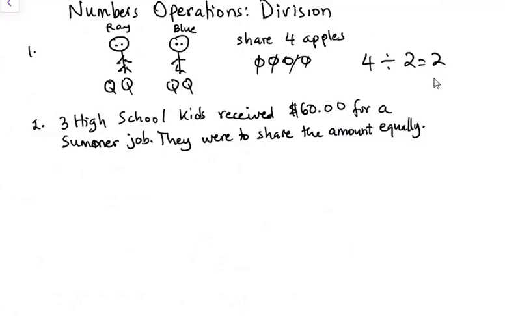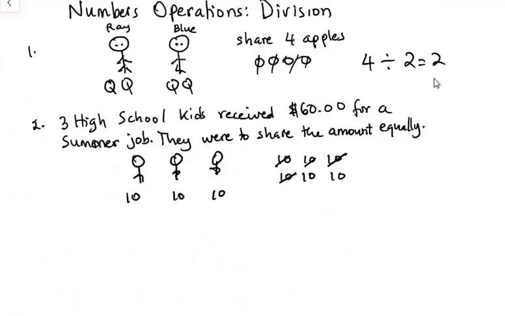The next example talks about 3 high school kids. So they were to share $60 equally. How would they do this? So let's break it down. 10, 10, 10, 10. So the first person will take 10, we'll strike this out. The second person will take 10, we'll strike this out. The third person takes this, we'll strike it out.